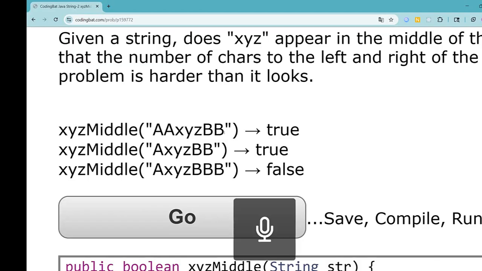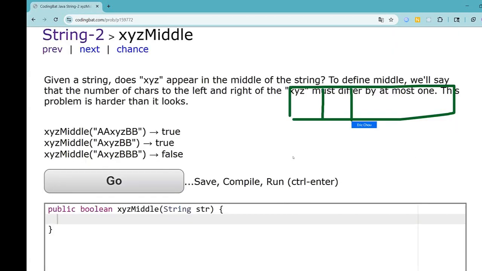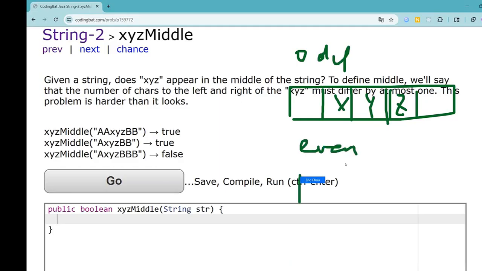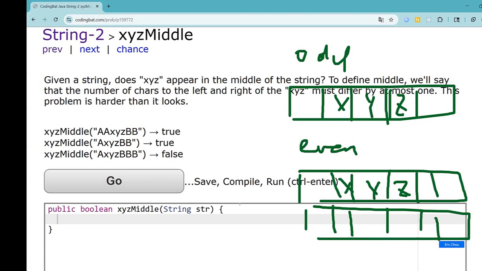It really means that, let's assume that you have five data, then they will check if you have the XYZ in the middle. So actually this is for an odd number. If it is an even number, you may have six later, so your XYZ can be this or can be this.